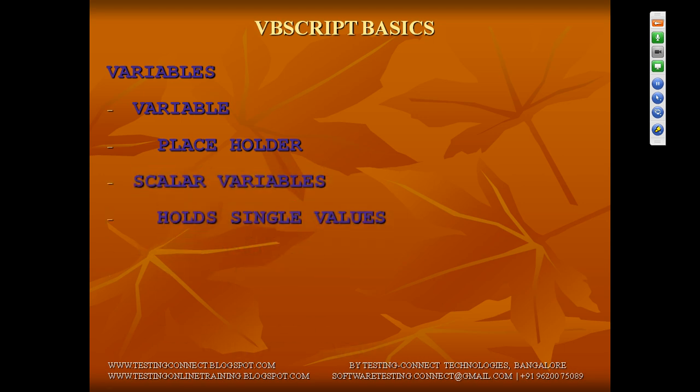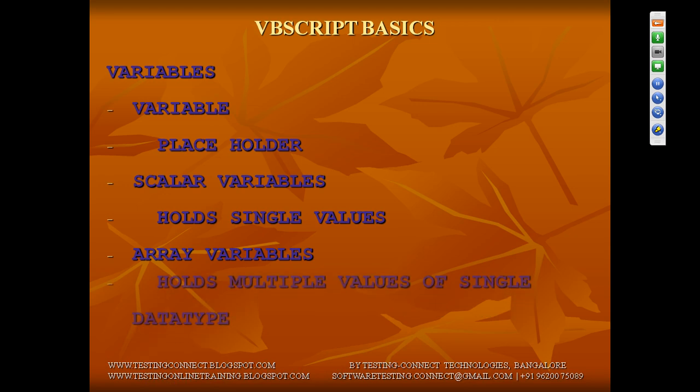Those types of variables you can treat as scalar variables. But sometimes, for everyone working in this class, all those employee IDs you have to store in one variable. You may get that kind of requirement. At that point of time you can go for array variables.